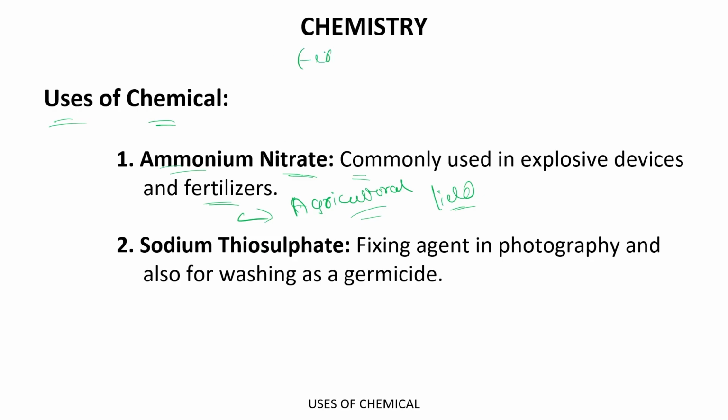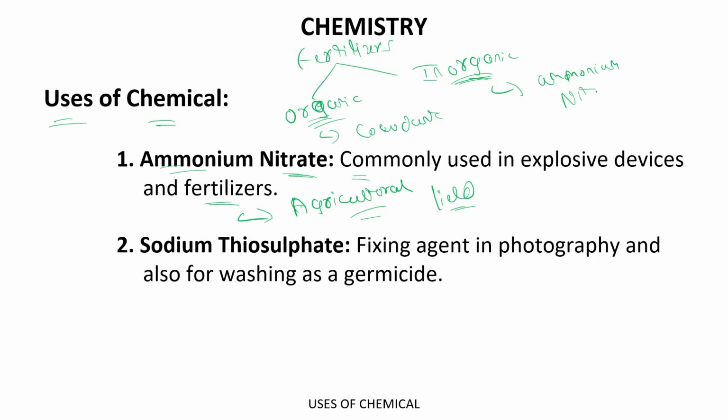So basically the fertilizers are of two types: organic or inorganic. The organic fertilizers are made up of cow dung generally, and the inorganic are made up of ammonium nitrate. The soil on which the agriculture is going on, the crops require so many nutrients to grow in a proper manner.